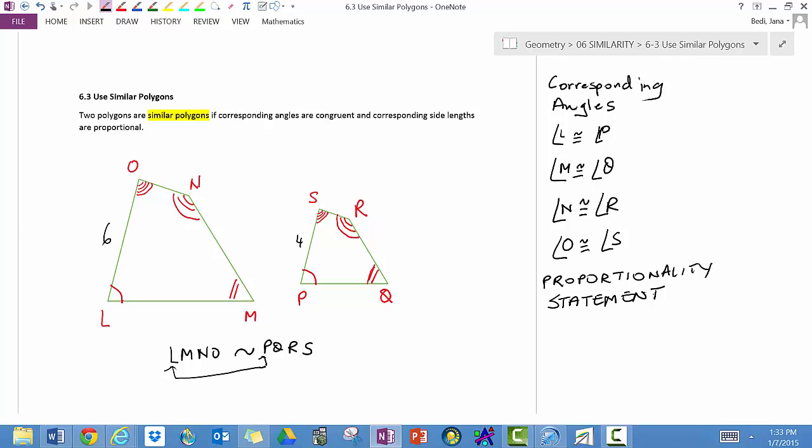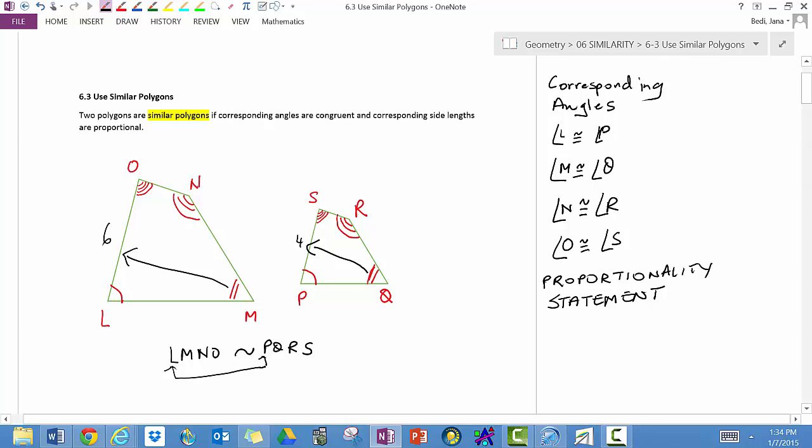One of the ways that you can figure out which sides are corresponding is to figure out which congruent angles they are opposite to. So in this figure, opposite to M is a segment with length 6, and opposite to Q is a segment with length 4.